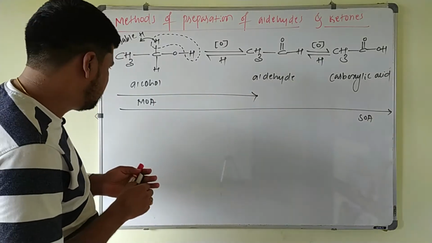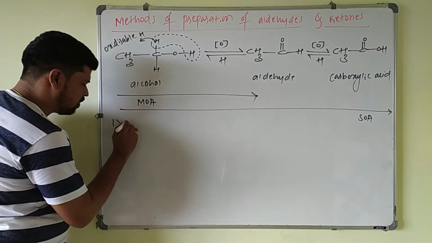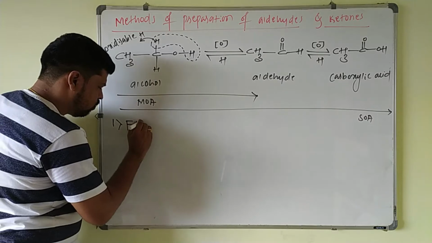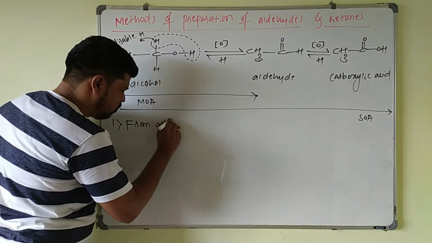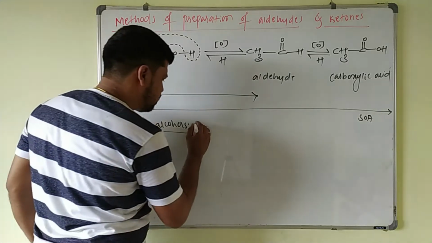Now the first method of preparation of aldehydes and ketones is from alcohols.